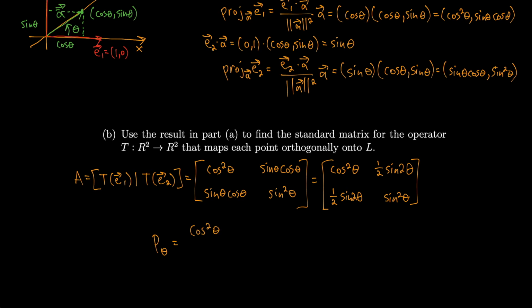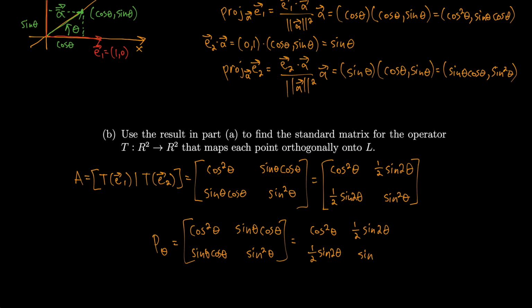I'll just rewrite it so that we keep it as a formula for later. Cosine squared, sine theta cosine theta, sine theta cosine theta, sine squared, and that's equal to cosine squared, half sine 2 theta, half sine 2 theta, sine squared.